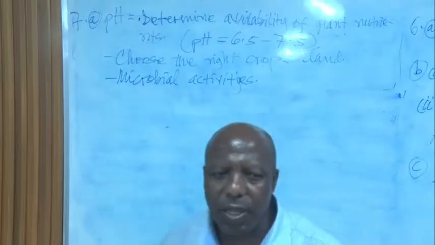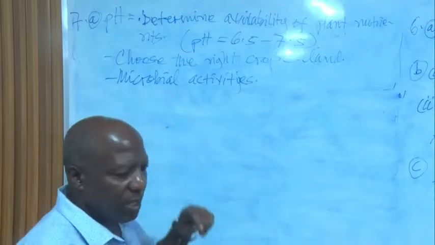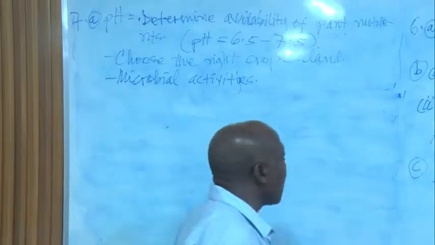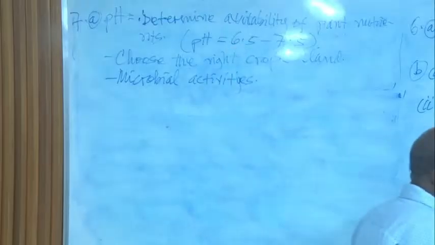Soil pH also determines their activities. Too acidic soils lower the microbial activities. If the soil pH is less than this range, most of the decomposers will not do well.